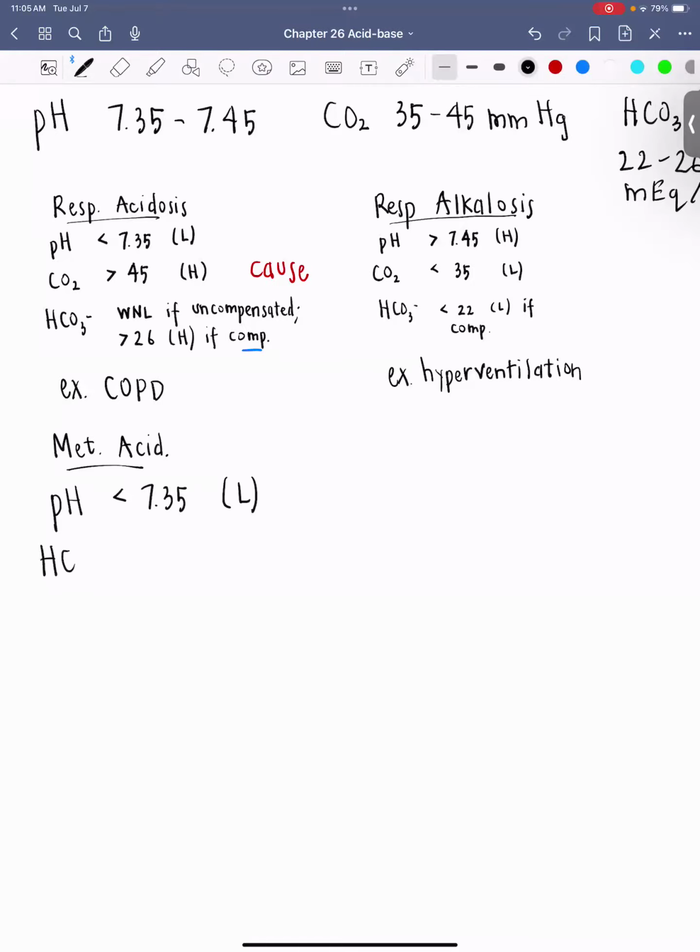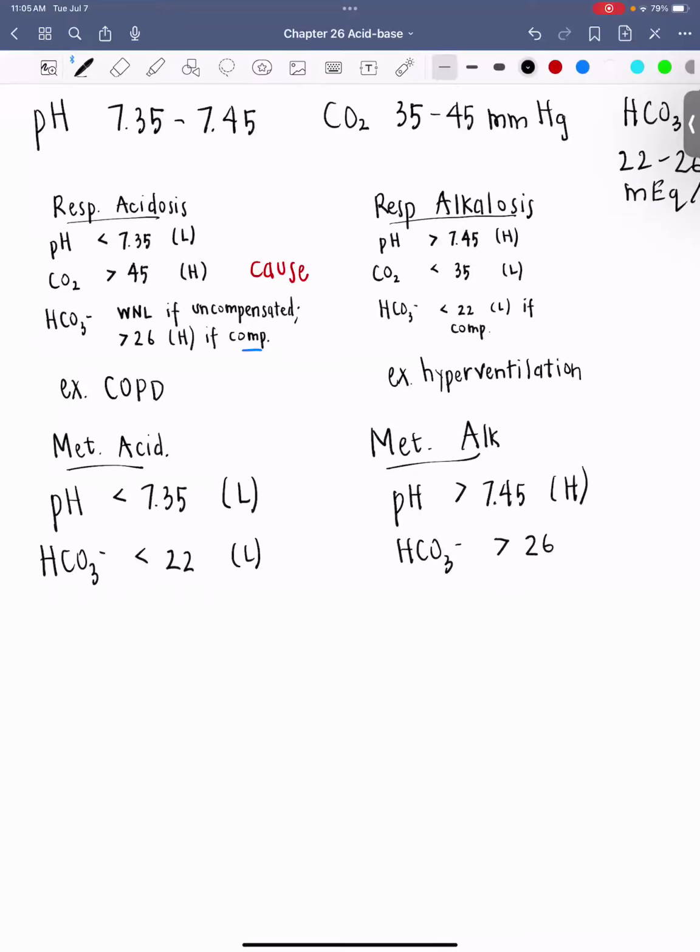If it's metabolic, the cause is going to be the bicarbonate. Bicarbonate and pH are directly related. So in metabolic acidosis, it's going to be low. In metabolic alkalosis, our pH is greater than 7.45. And as you might guess, our bicarbonate is going to be greater than 26.